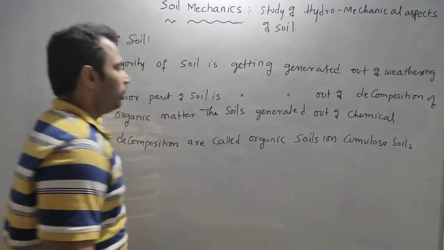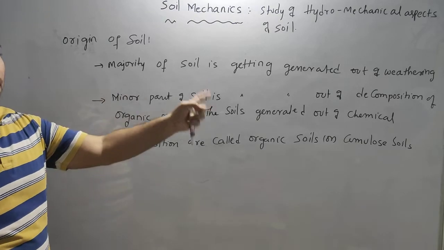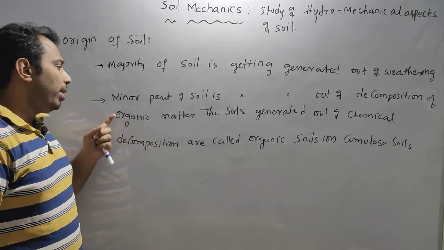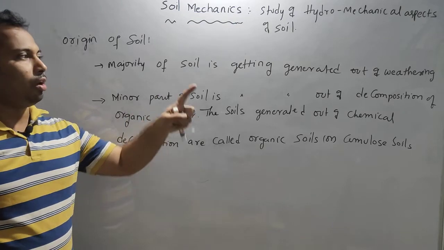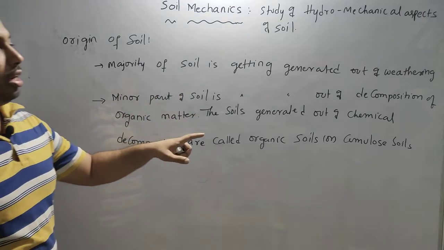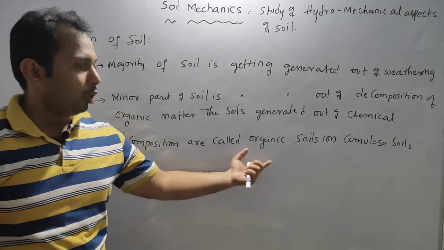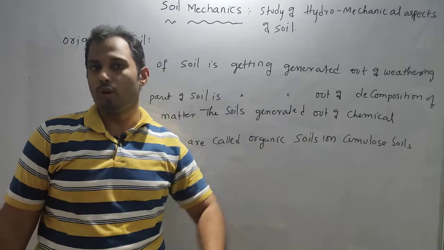So the major part of the soil is generated out of weathering, and a minor part is generated out of decomposition of organic matter, and the soils generated out of the chemical decomposition of organic matter are called organic soils or cumulose soils.